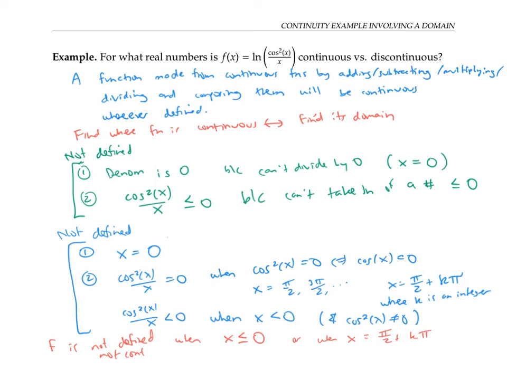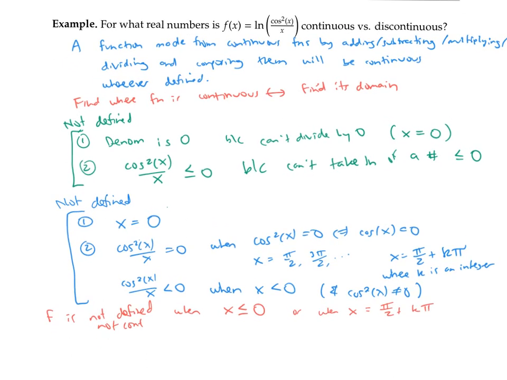And therefore, f is defined and therefore continuous for all values of x such that x is greater than 0 and x is not equal to pi over 2 plus multiples of pi.